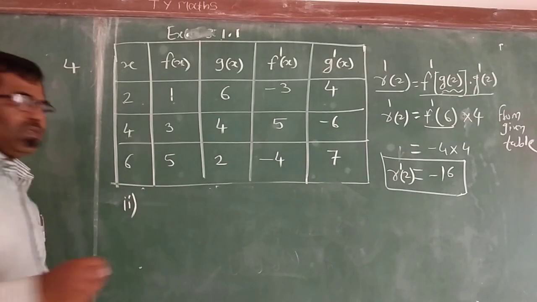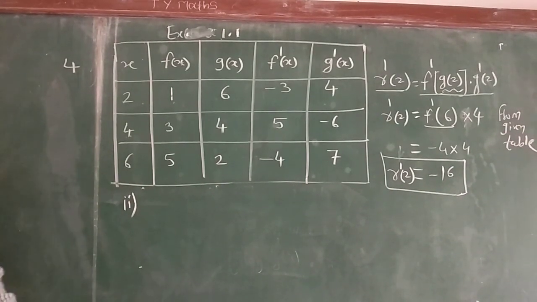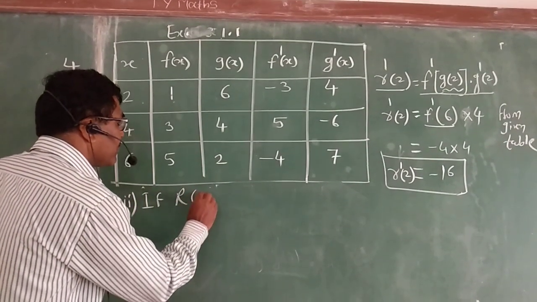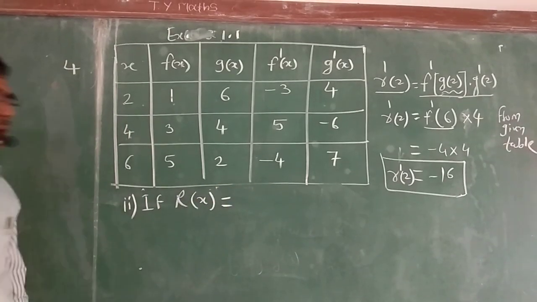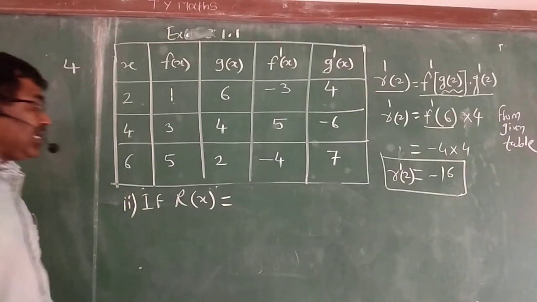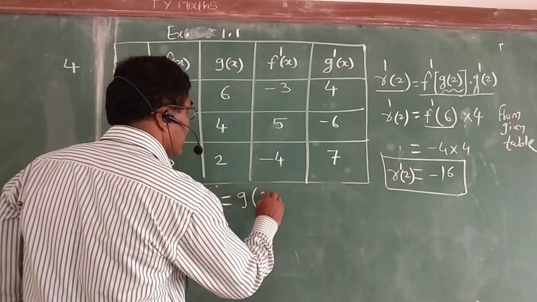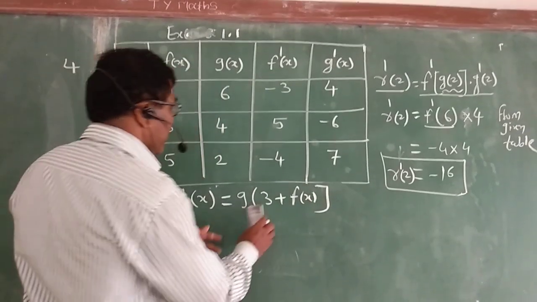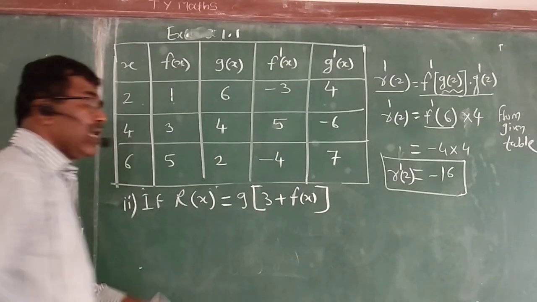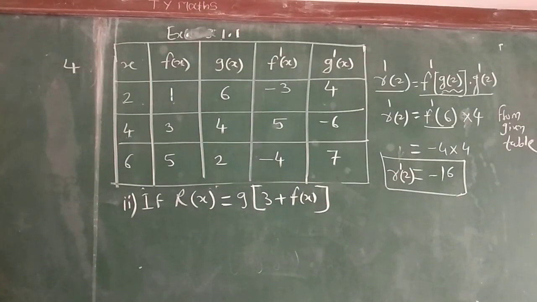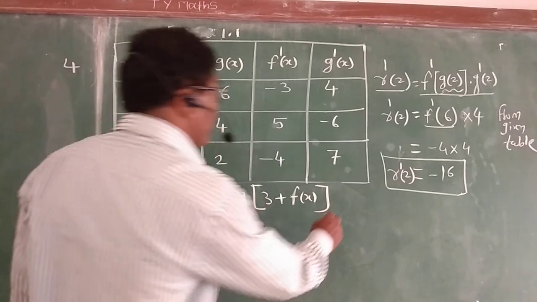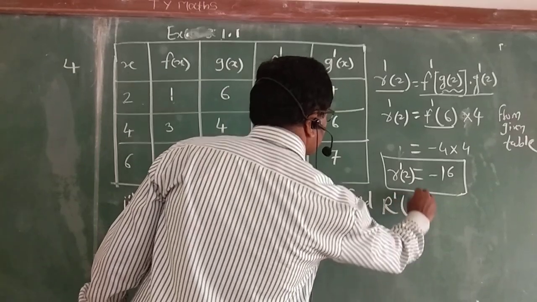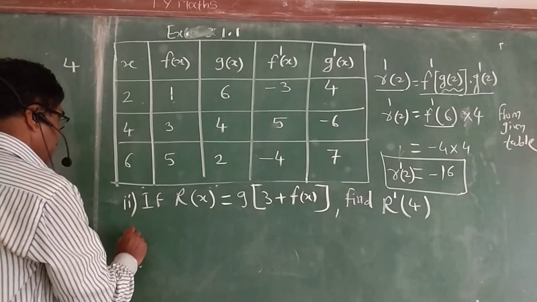Example number second, if r of x equal to g bracket 3 plus f of x, find r dash of 4.